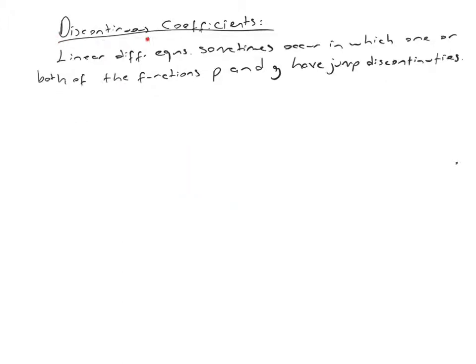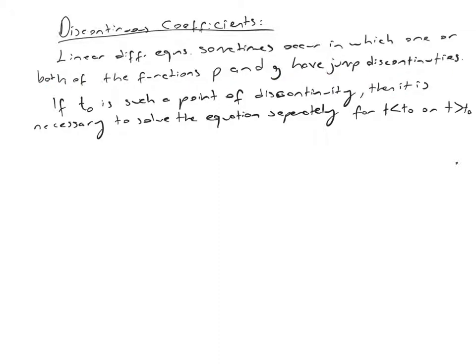Let's talk about discontinuous coefficients. Linear differential equations sometimes occur in which one or both of the functions p and g have jump discontinuities. If t sub 0 is such a point of discontinuity, then it is necessary to solve the equation separately for t smaller than t sub 0 or t bigger than t sub 0.